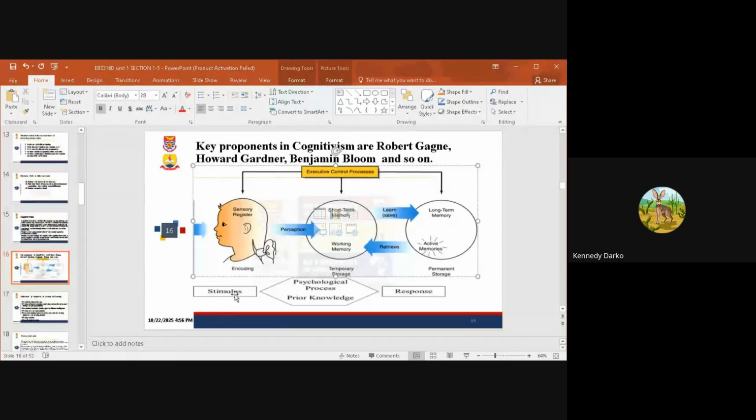And so when you come down here, look at what's happening. We have stimulus, where we have prepared our lesson plan and done our exercises. Then we come to the psychological process. That is the prior knowledge. What knowledge were you having that will help you to link the prior knowledge to the new knowledge? So that is the psychological process. Say I have been taught sources of water. These sources of water, I know we have river, pipe-borne, seawater, rainwater, and all of that.